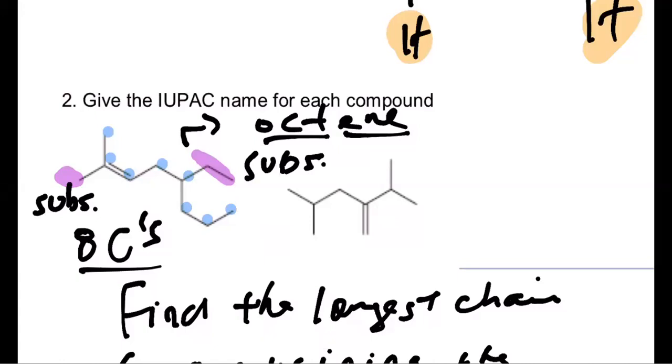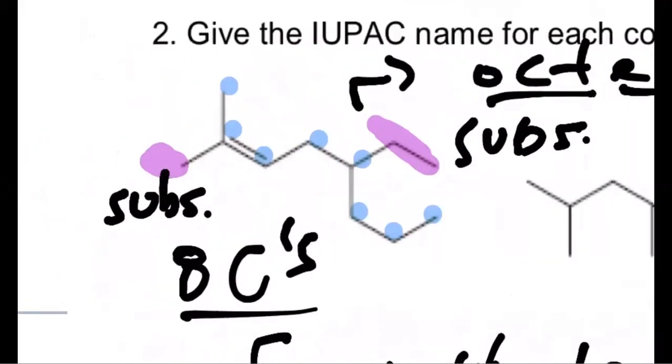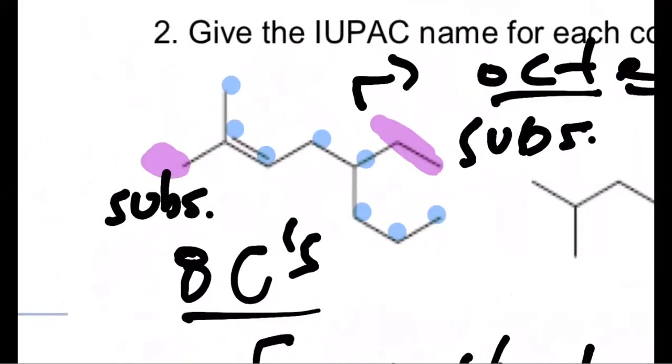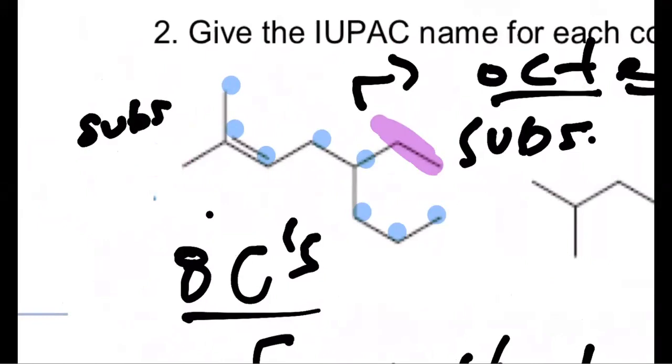So now I got 2 substituents. I need to figure out what they are. Right. So let me zoom in on that. So at the end of that line right there, I'll write that over up here. This is a CH3. Is that right? Yes or no? Yes. All right.